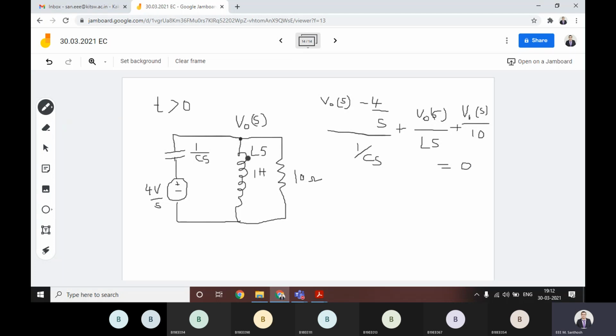All the currents at this node, if you add, equal to 0. Out of this, all of you calculate what is the value of V naught of S, this expression in terms of s.